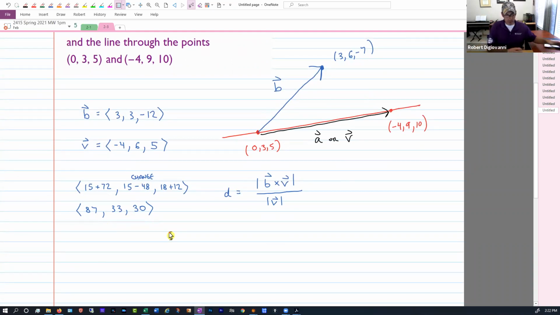So I'm going to do this on my calculator. I'm going to do 87 squared plus 33 squared plus 30 squared, and then take the square root of that. So on the top, I'm getting about 97.765. And then on the bottom, I take the magnitude of V, which should be pretty straightforward.